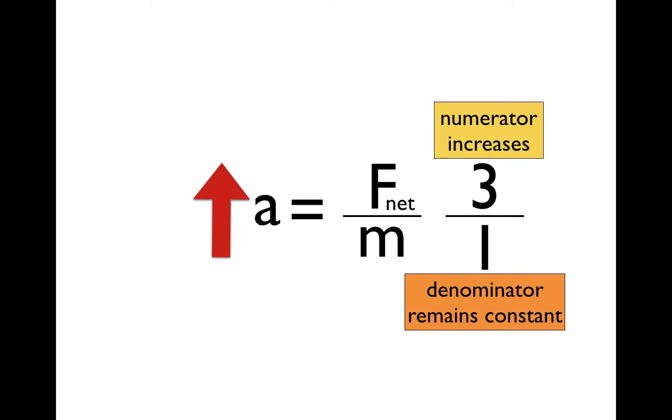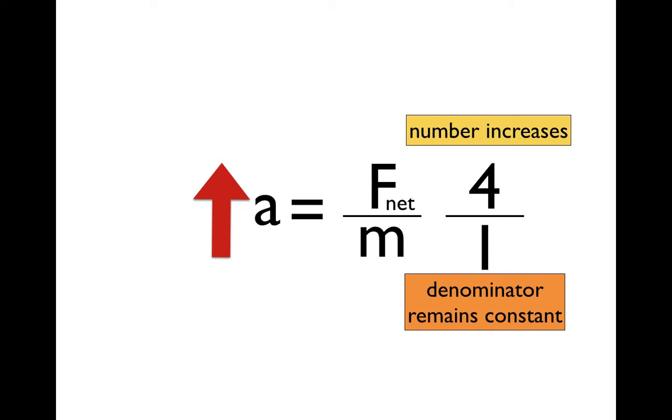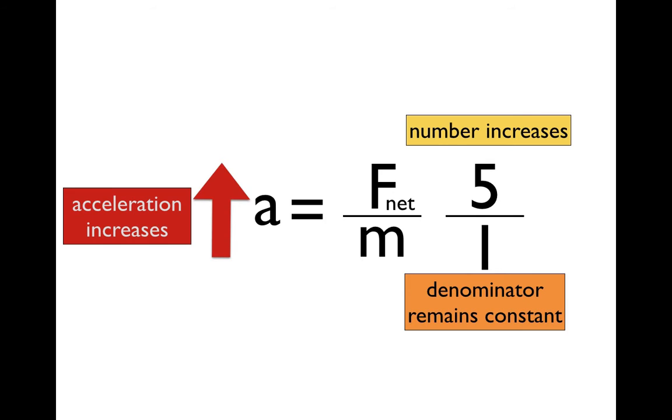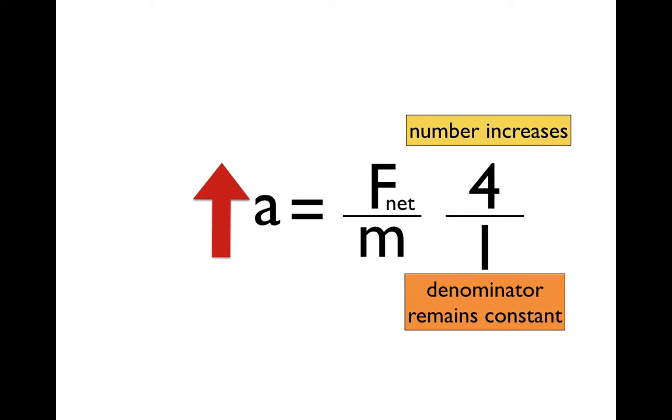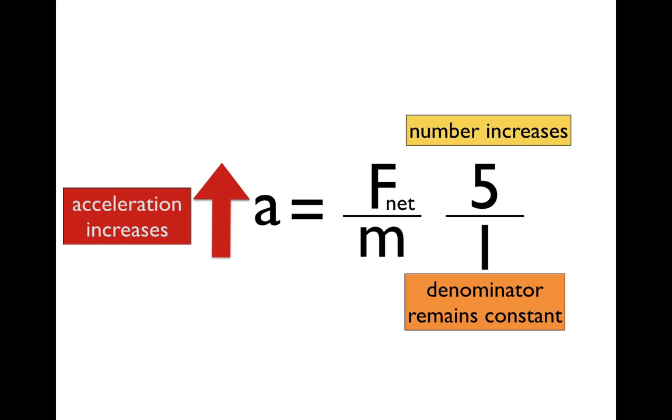What happens to the overall number? I'm assuming now that the denominator remains constant. As the numerator increases, you notice that the overall number itself increases, right? Compared to 1 over 1, 2 over 1 is 2, 3 over 1 is 3, and so forth. So my number is actually increasing.